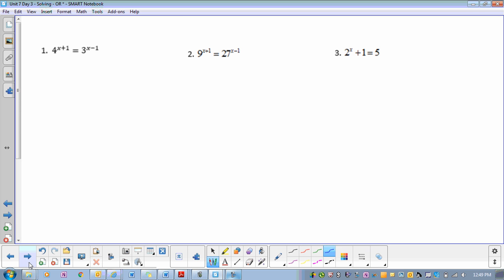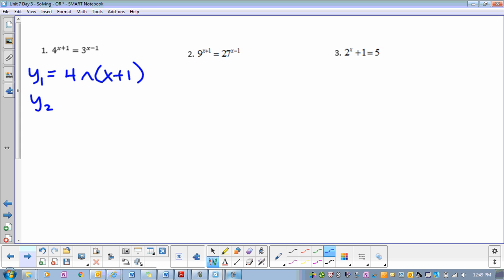All right, so 4 to the x plus 1 equals 3 to the x minus 1. All right, so with this, you want to try graphing this? So then into y1, let's put in 4 to the x plus 1. Do you see how I'm putting the x plus 1 in parentheses? Because all of it is in the exponent.